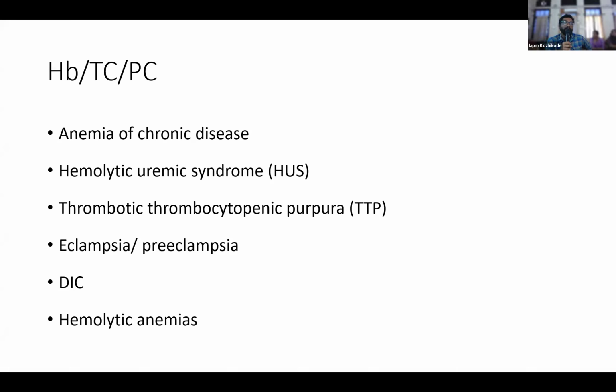Okay, something like HUS can present like this. So suddenly I will look at the platelet levels also. Something like TMA can present like this. You can have a low hemoglobin as well as a low platelet count. Okay, then you will look for other things like what is happening in the peripheral smear or what is the LDH level, D dimer. Like that, we can ask for more things.